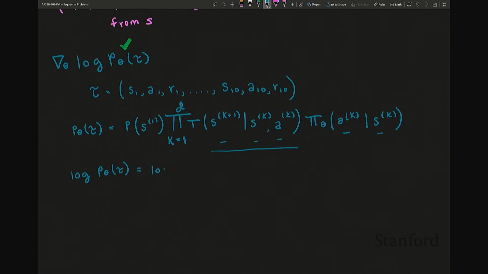So we have the log of the probability of our first state, and then we have the summation terms, and then we have one last term in our summation.